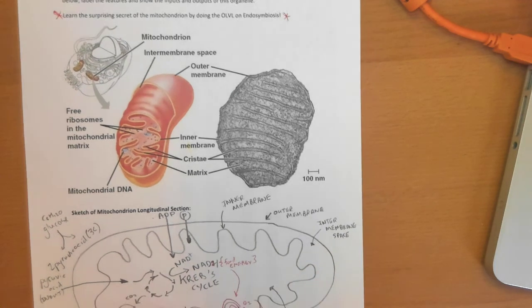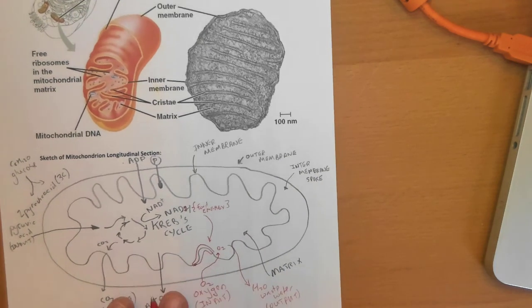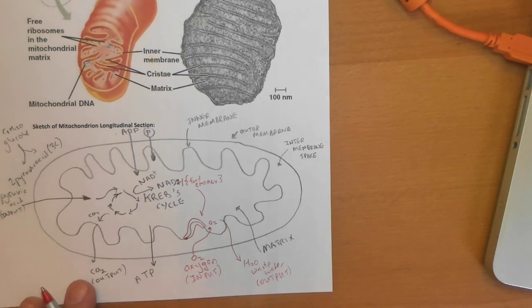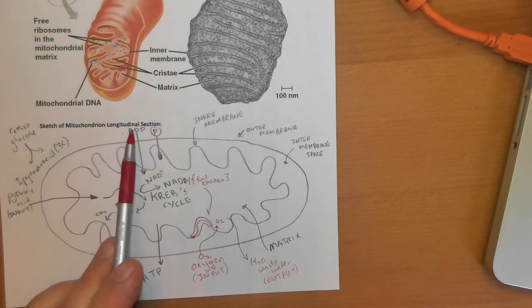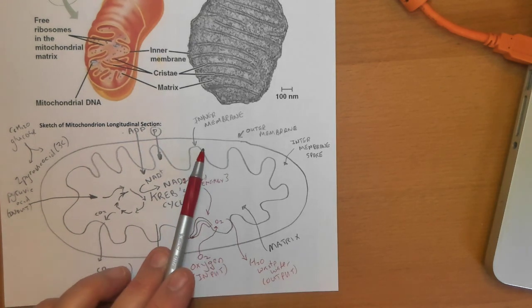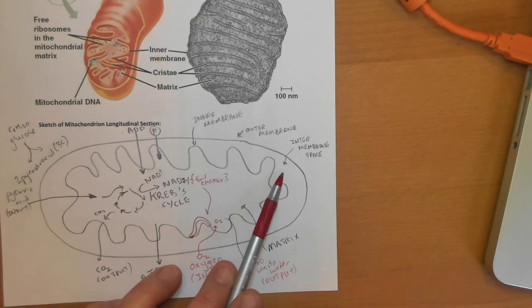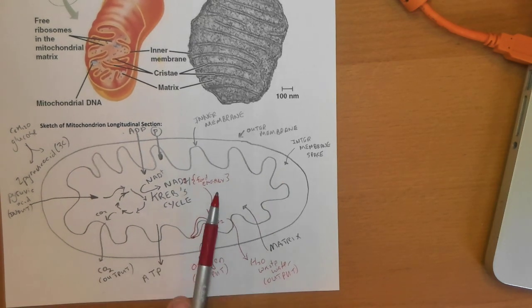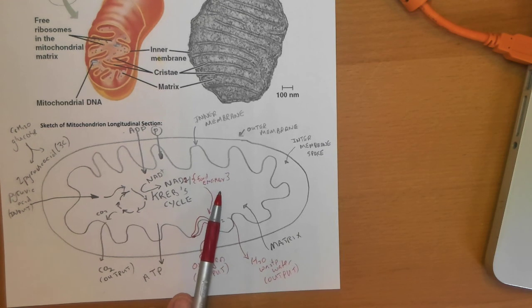Terminology here. This is the mitochondria. I'm using my sketch down here to show you how it works. Outer membrane, inner membrane, intermembrane space between the two. Matrix is anything in the center. Krebs cycle happens in the matrix.